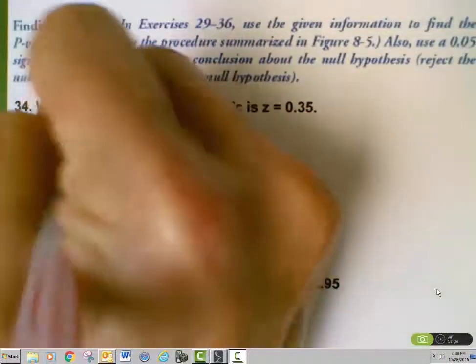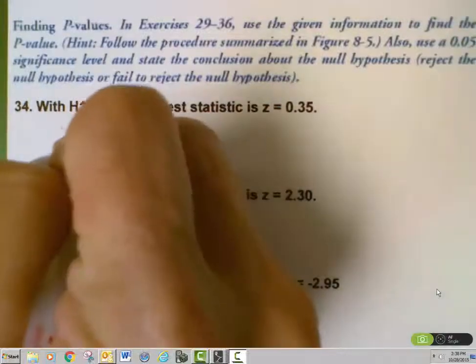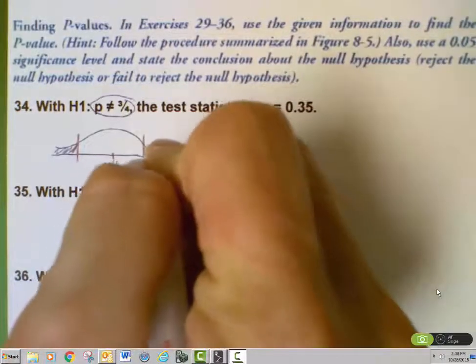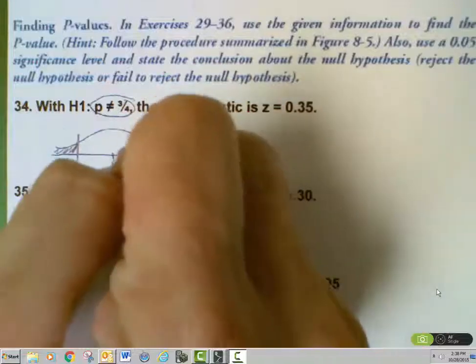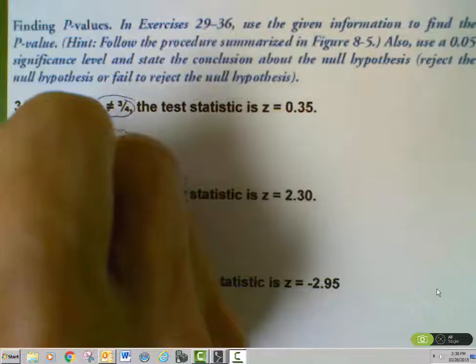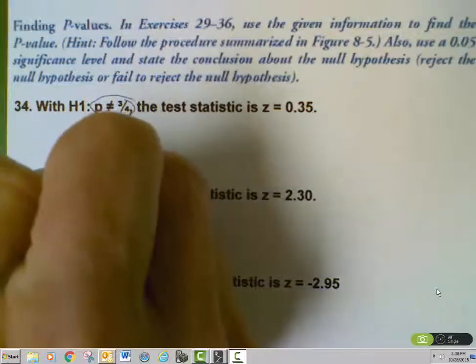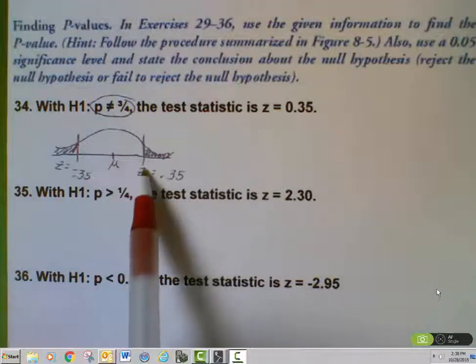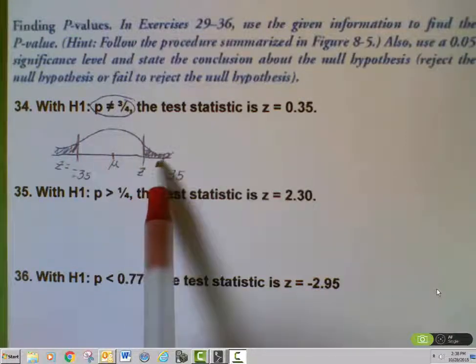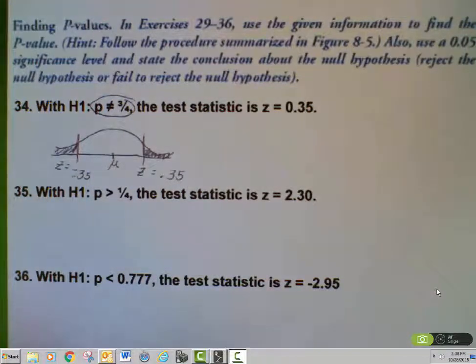So for this p-value, we're looking for the area in both ends of the normal distribution, the area beyond z equals positive 0.35, and the area to the left of z equals negative 0.35. How do I find an area that is to the right of the z-score 0.35 or to the left of the z-score negative 0.35?